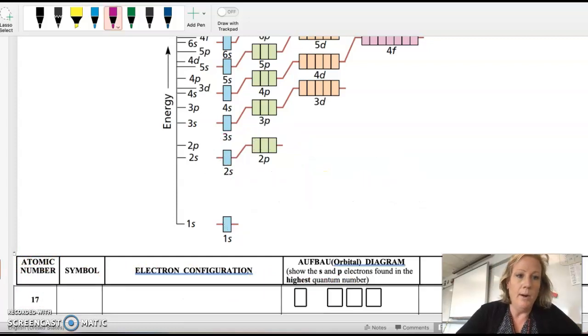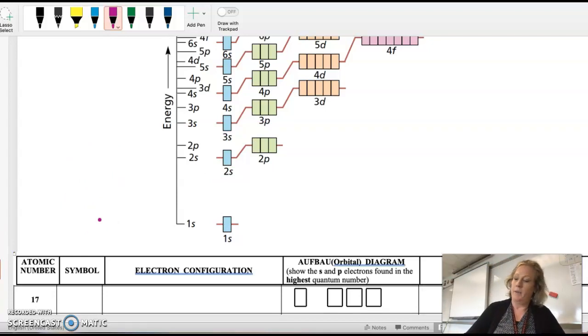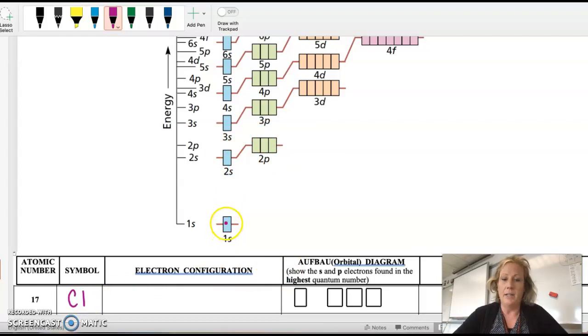Let's do one more, one that's a little bit bigger. Atomic number 17, that is chlorine. Let's do the configuration using this again. So we have 17 electrons. I'm going to go 1, 2, 3, 4, 5, 6, 7, Hund's rule.